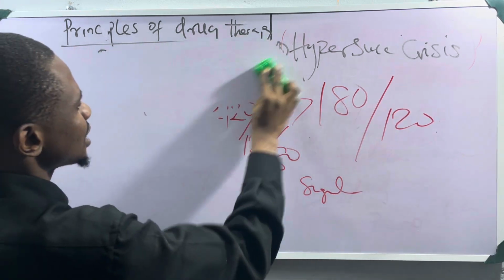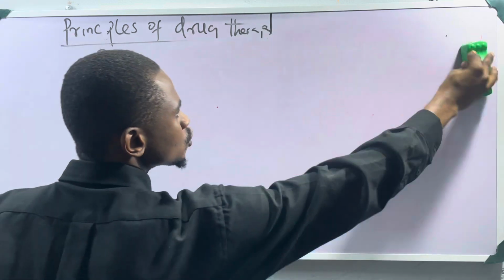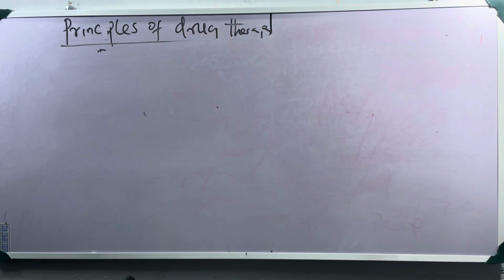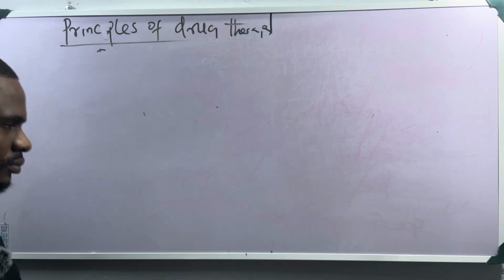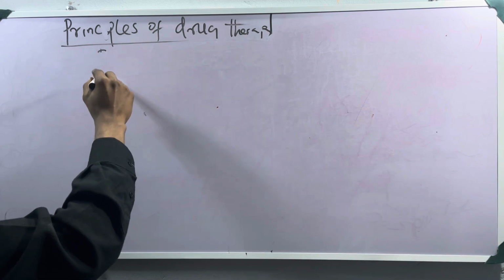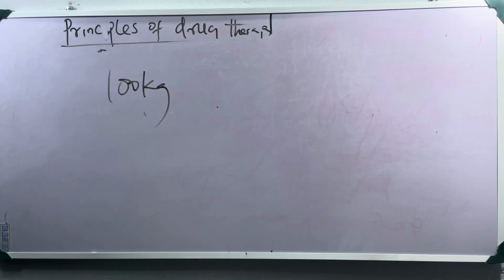Then there's this other essential thing that we need to know as health practitioners. This one is weight. Sometimes people come to you and you check the person's weight, and the person has a weight of 100 kg, and the person will be like, it's too much.